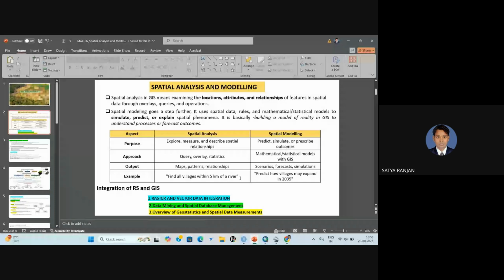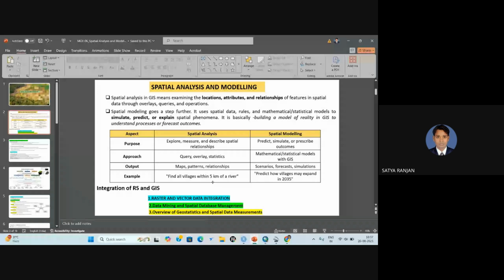Models are basically used for different applications like urban areas, agriculture, and soil estimations, all these areas. Then integration of RS and GIS. Remote sensing techniques generally create images for different themes or applications.